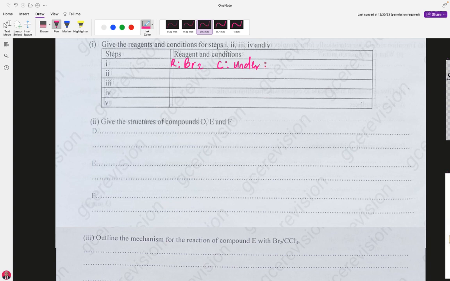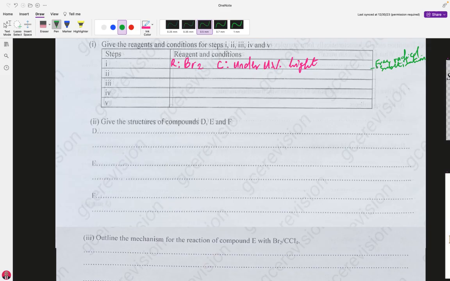Under UV light. But note, just for the purpose of revision, and not to be included in the answer, it is a free radical substitution.